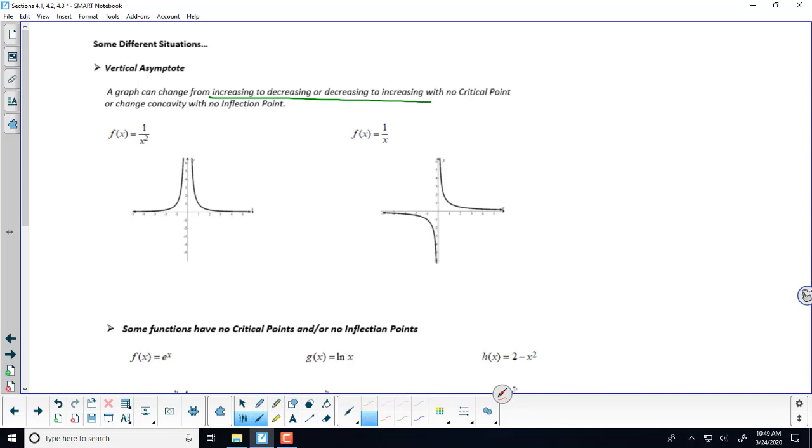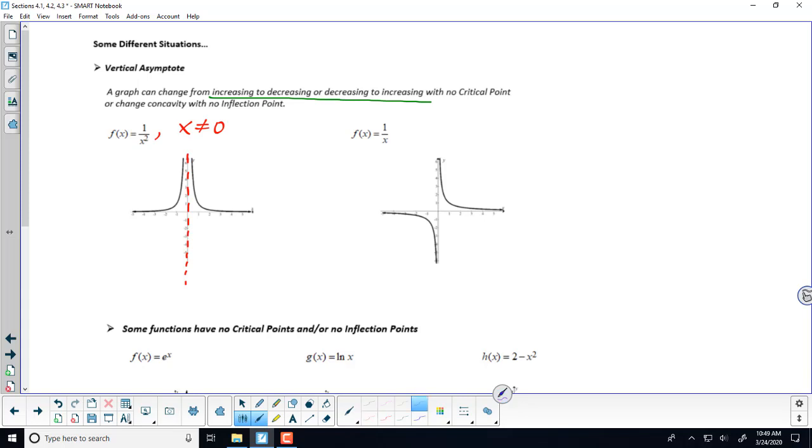So rational functions, 1 over x squared. We know x can't be 0 because we can't divide by 0. So whatever makes the denominator 0 that does not make the numerator 0 results in a vertical asymptote. Okay, remember it's not a point on the graph. It's a line that the graph never crosses or touches.